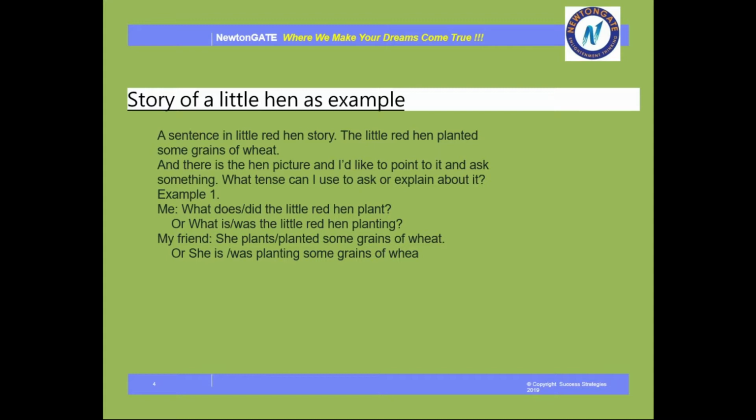See, these sentences are written that she plants or planted some grains of wheat, or was planting some grains of wheat. Now you are imagining both as a past tense or as a present tense. So this image is very much important for you for thinking that you can think as in past, in future or present also.